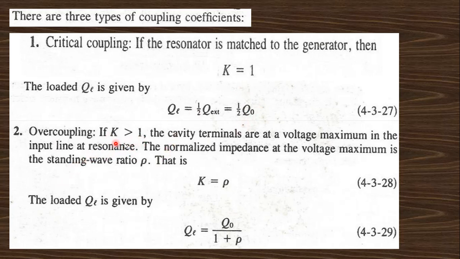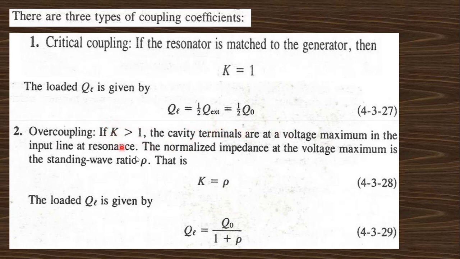Overcoupling is when K is greater than 1. The cavity terminals are at voltage maximum in the input line at the resonance. When resonance happens, the input line of the cavity terminal will be maximum.